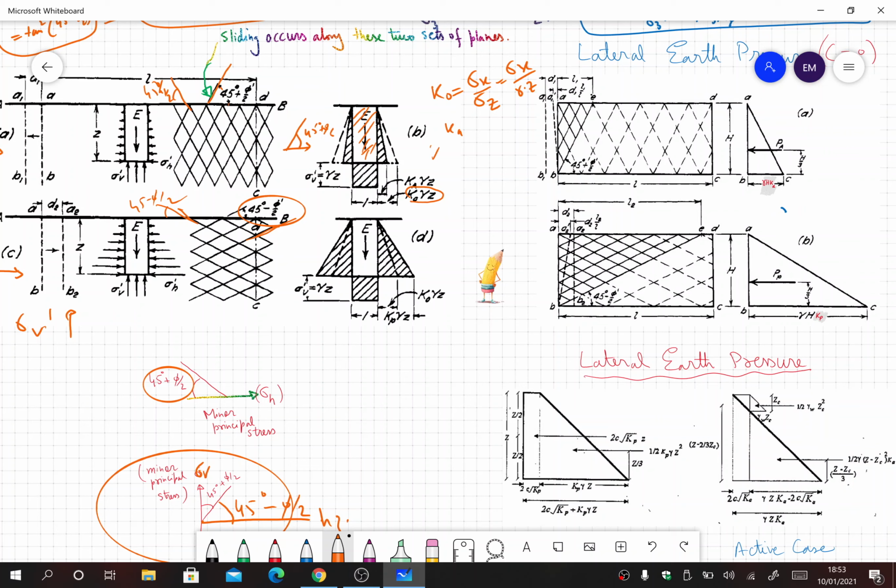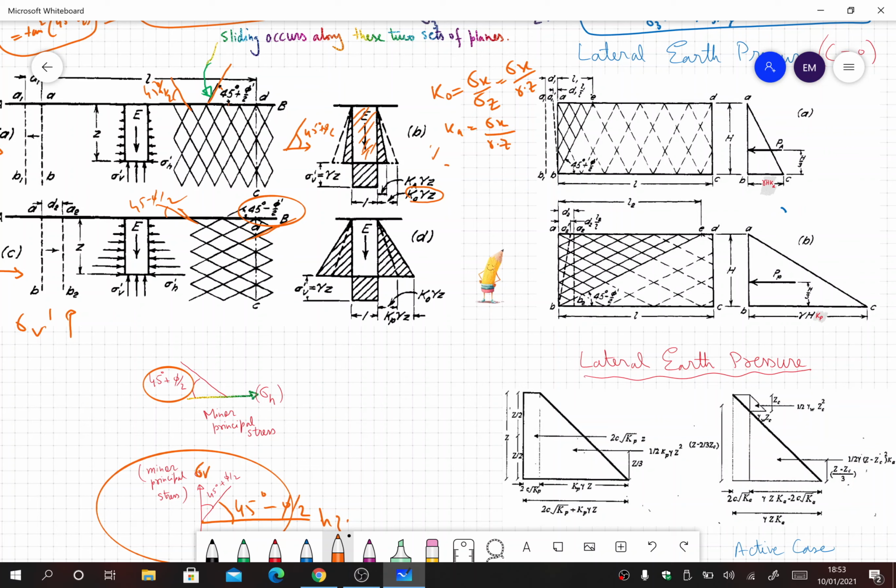So for the active case it will be sigma x over gamma into z. So naturally the horizontal stress, let me change that to h, equals Ka into gamma z. That has been explained here, Ka into gamma z is the active earth pressure, and for passive earth pressure we multiply that with Kp.